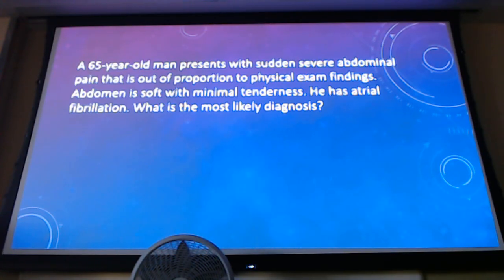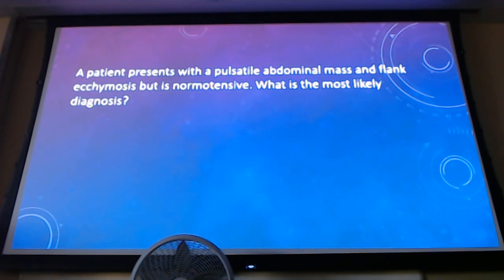Okay, a 65-year-old man presents with sudden severe abdominal pain that is out of proportion to physical exam findings. Abdomen is soft with minimal tenderness. He has atrial fibrillation. What is the most likely diagnosis? Mesenteric ischemia. Good. A patient presents with a pulsatile abdominal mass and flank ecchymosis, but is normotensive. What's the most likely diagnosis?